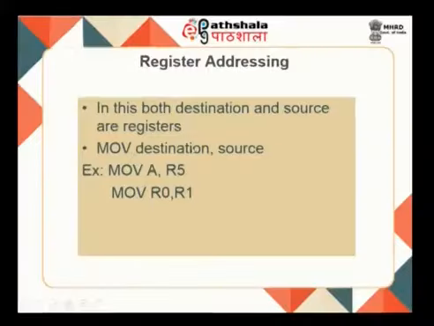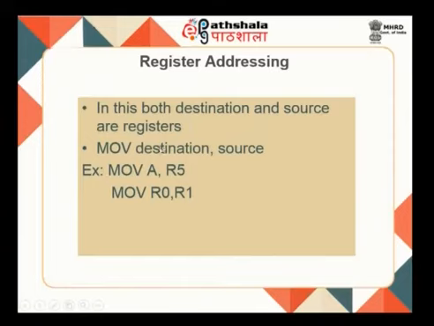It has been defined as MOV destination, source. Now, if the source and destination data are both stored only in registers, then I will call this instruction as coming under register addressing. Now, MOV A, R5; MOV R0, R1. Here the data stored in R1 is moved to R0.